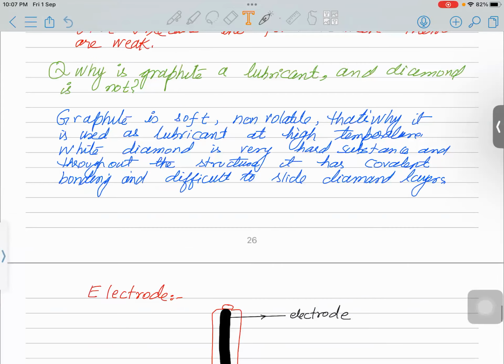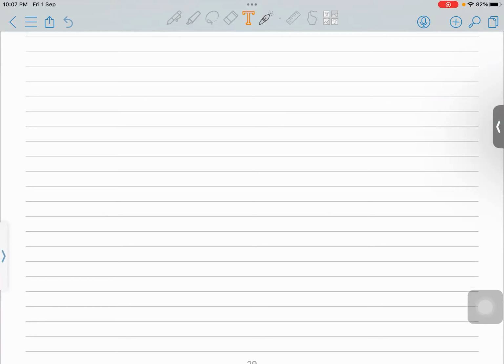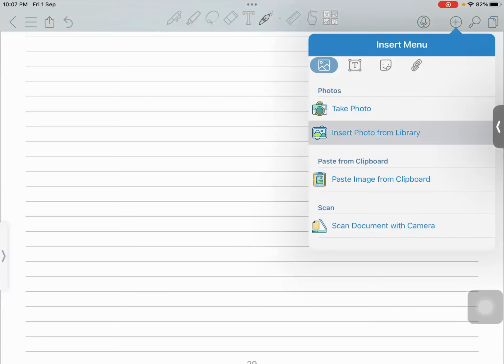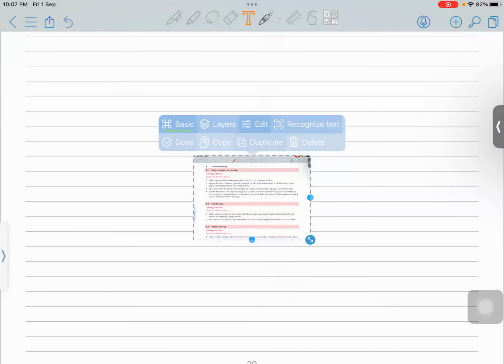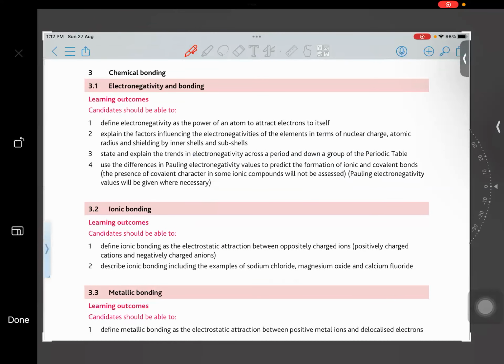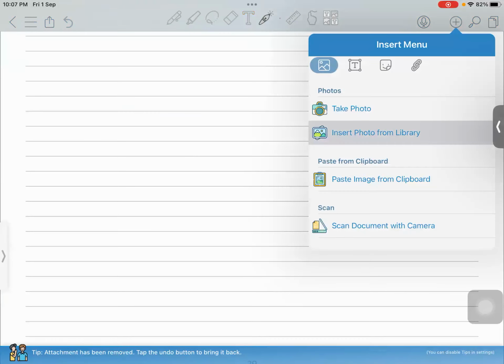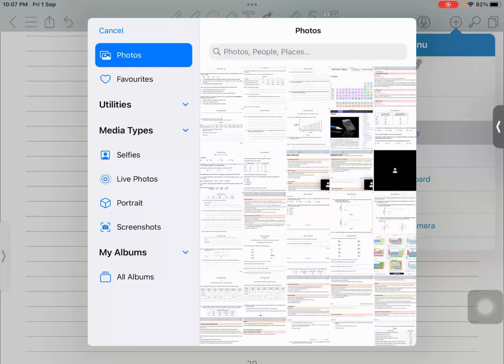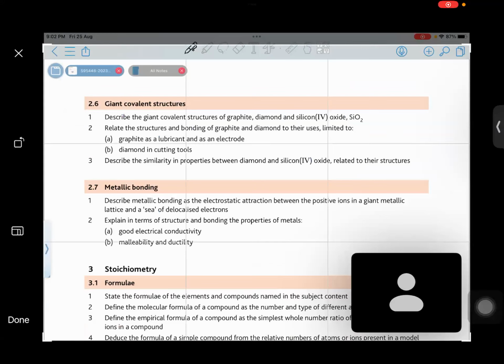Okay. Now 2.7. This is the last one, 2.7, metallic bonding.